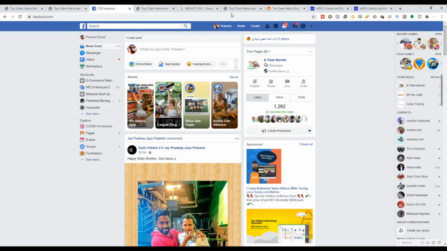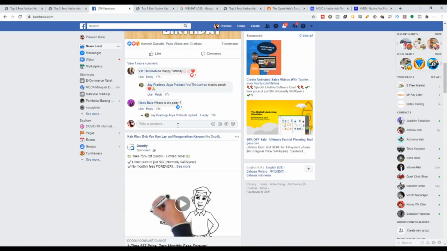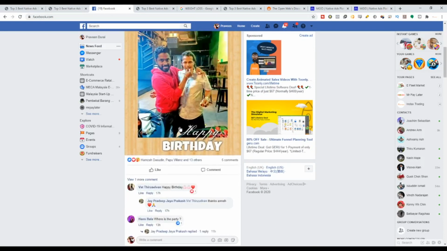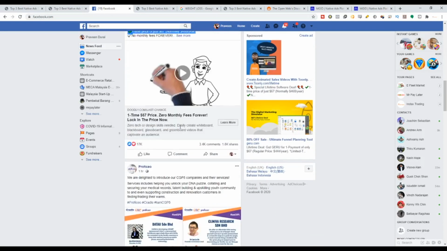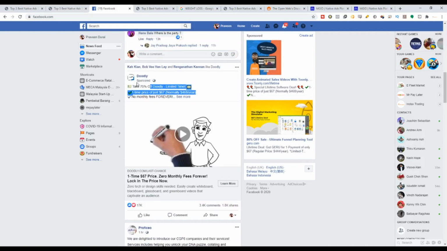Let me show you an example of a Facebook ad. Look at this. This is my Facebook account. This is a normal Facebook post, and when you scroll down, this is actually an ad. You can see they look exactly like a normal Facebook post, right? The only difference is that there's a sponsored icon here, as this is a requirement for native ads, because a lot of accusations have been made that native ads manipulate and cheat the audience.